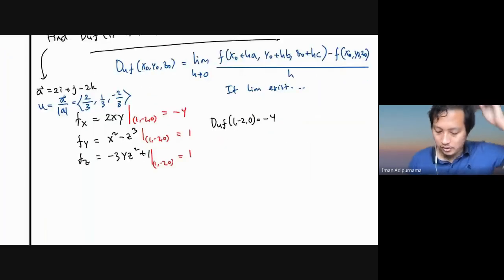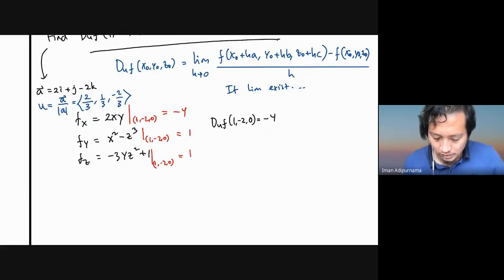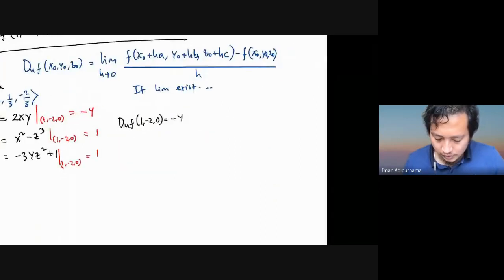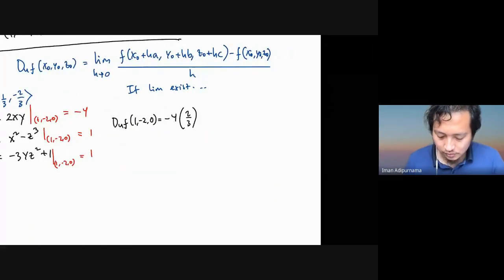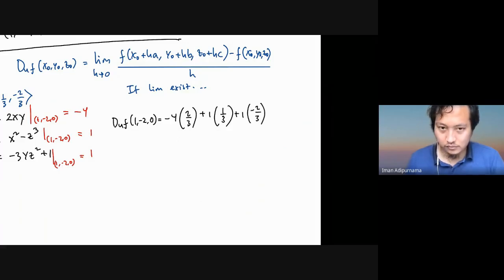So we can just calculate everything with each component of the vector. And we have this is -3.